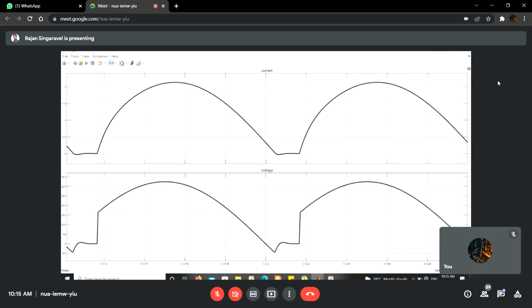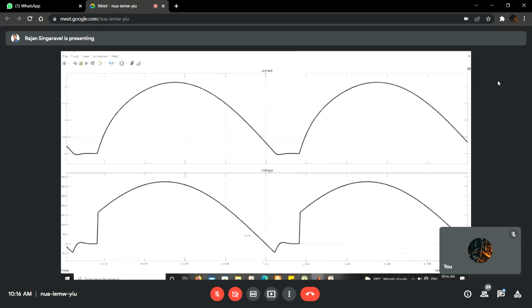How much angle beyond pi degrees, for how much time the current will be available on the positive side, is decided by the RL combination. We can say that it is the load angle.